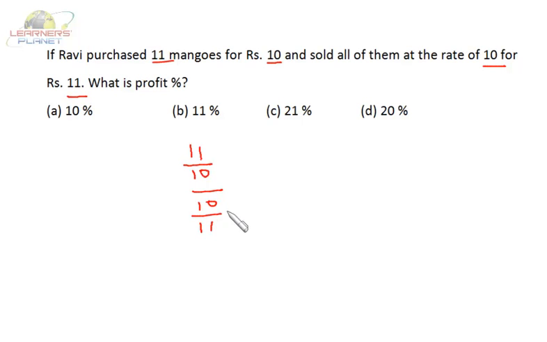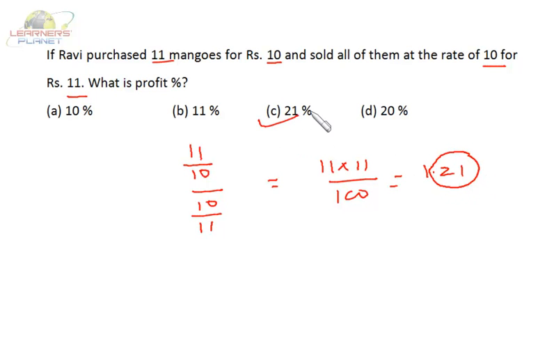So this is SP by CP ratio. What we can say is 11 into 11 by 100, or it is 1.21. So in SP by CP ratio, the data after 1, the data after decimal is the profit percentage. So it's 21% profit.